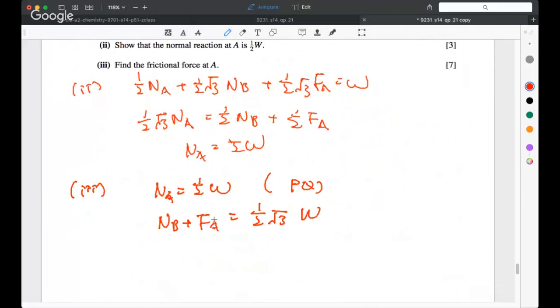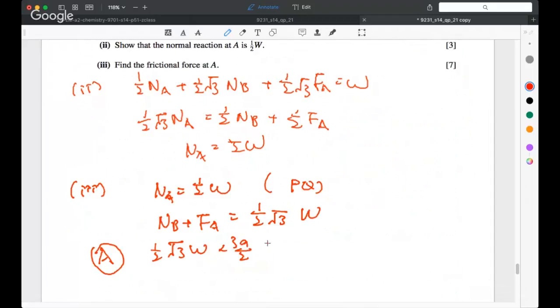And now we take moment about A. You can take moment about any other point as long as it's sensible, but A in this case is the best choice. We have a half root 3 W times 3A over 2.